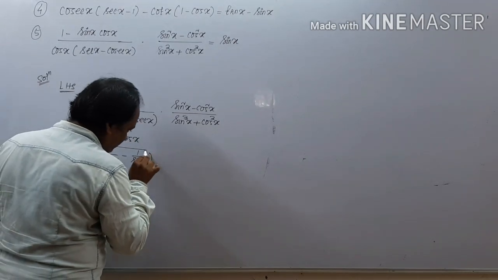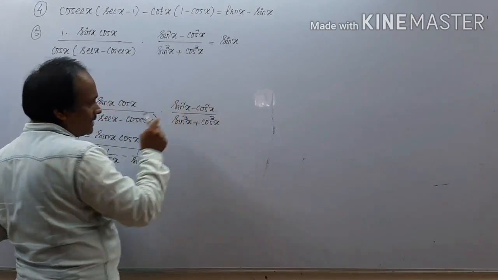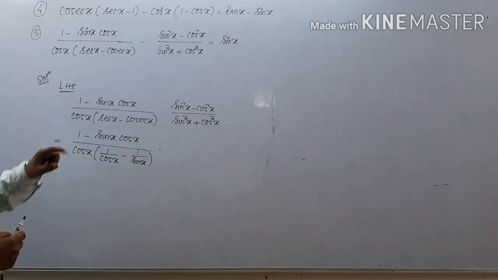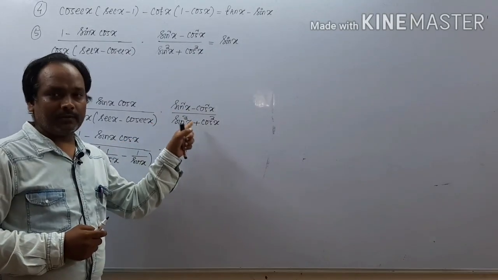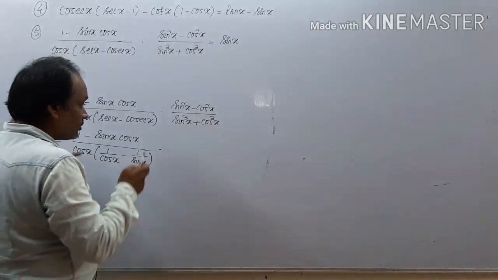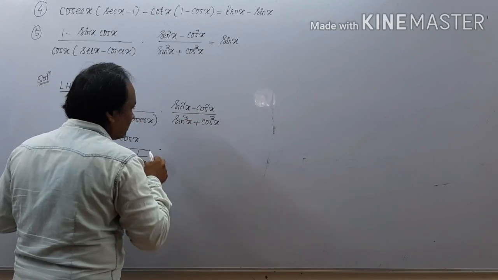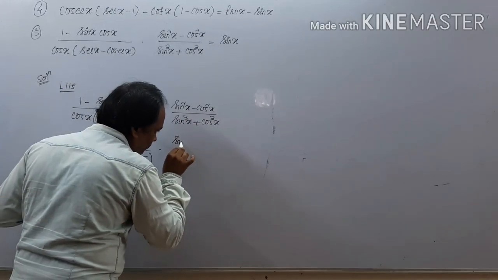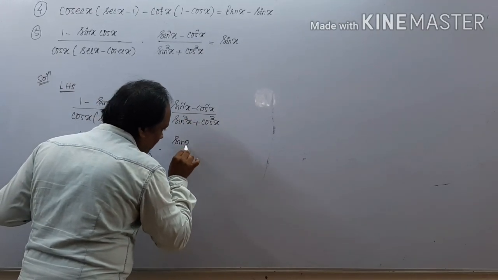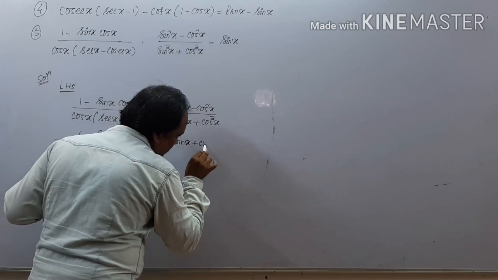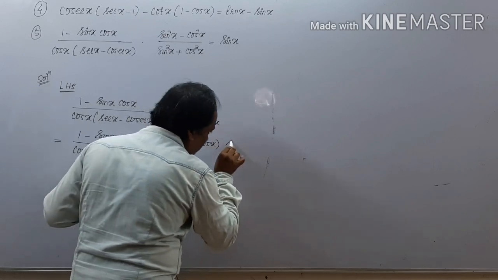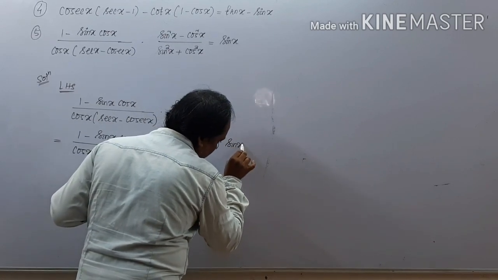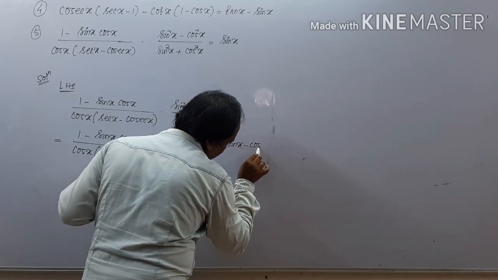And see here, in this particular expression, in the numerator we have sin square x minus cos square x. See that it is of the form a square minus b square. So I can apply, this is equal to sin x plus cos x multiplied to sin x minus cos x, right?